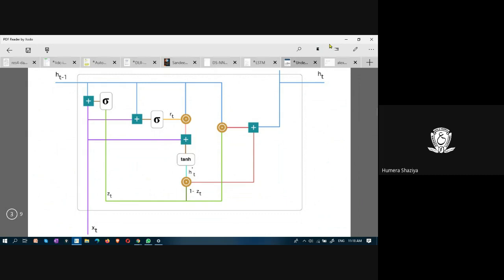If you observe here, x sub t, the input at time t, is traveling along this line and also branches out in different directions. Look here, there is one traveling on this line, another on this one, and one is summed up with the previous output.